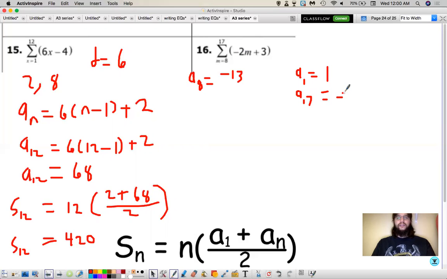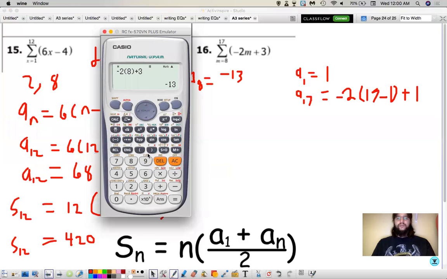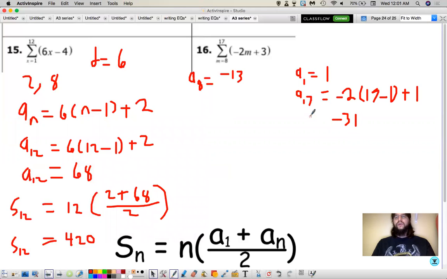This formula, I just lost. -2 times n, which is 17, minus 1, plus A1. -2 times 17 minus 1, plus 1, is -31. Okay, so I know that A17 is -31.